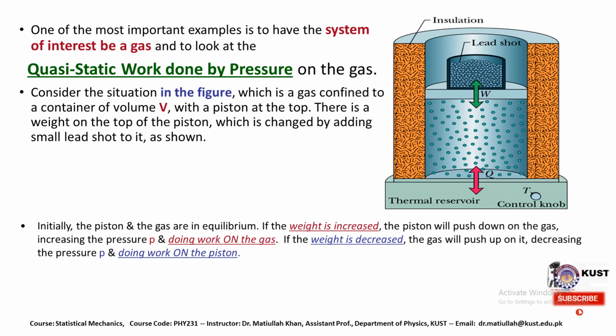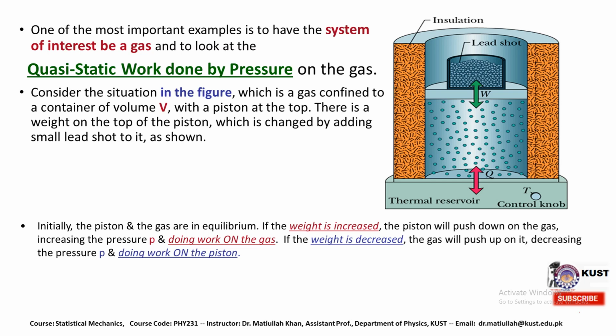If the weight is decreased, what happens? The piston will move up, the gas will relax, and the pressure will reduce. So the work is done by the gas on the piston.